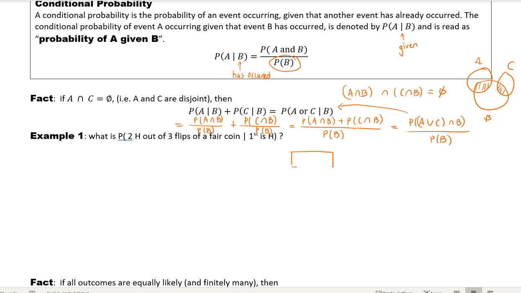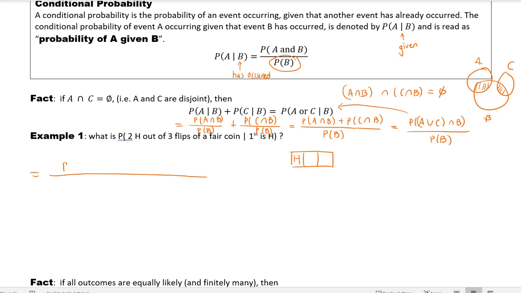We know the first flip is head, and we're looking for the probability of 2 heads out of 3 flips. Let's see the probability that we get 2 heads out of 3 flips, given that the first one is already head.